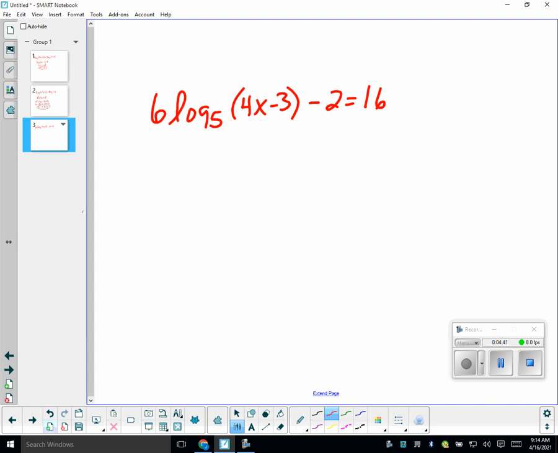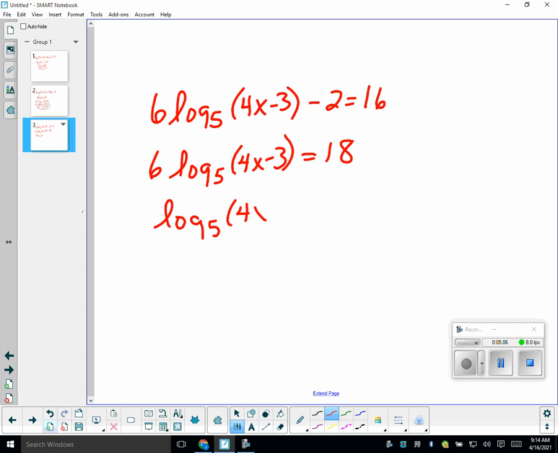Can I get the word log by itself? Add 2. So 6 log base 5 of 4x minus 3 equals 18. Now what? So log base 5 of 4x minus 3 equals 3.